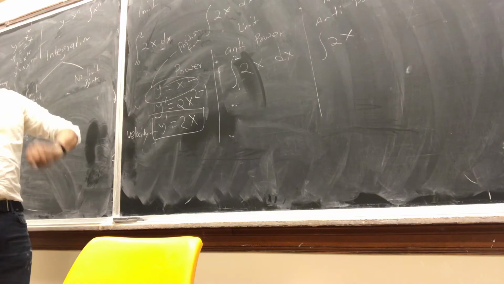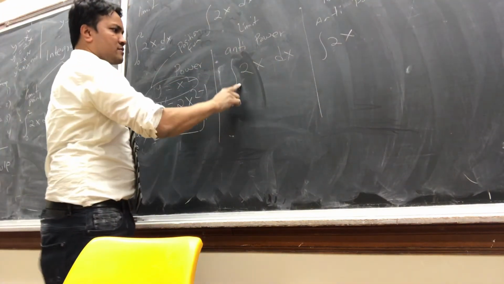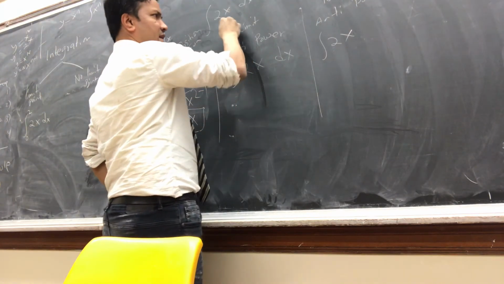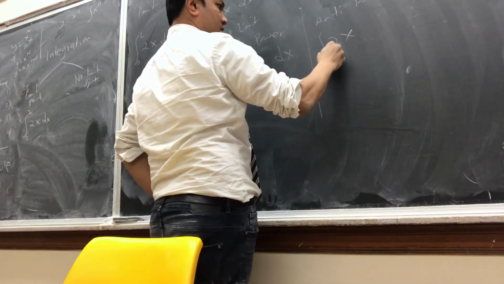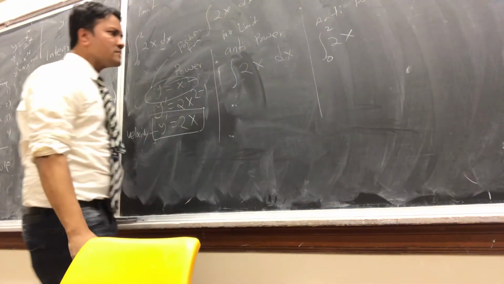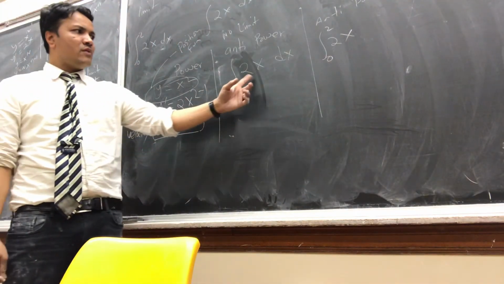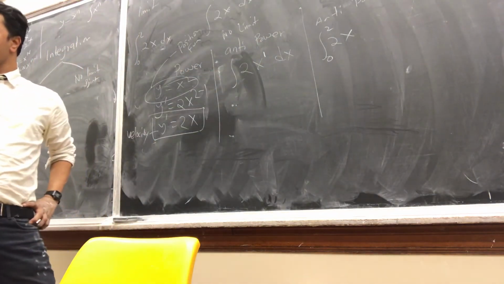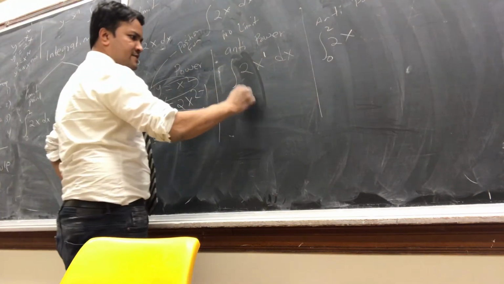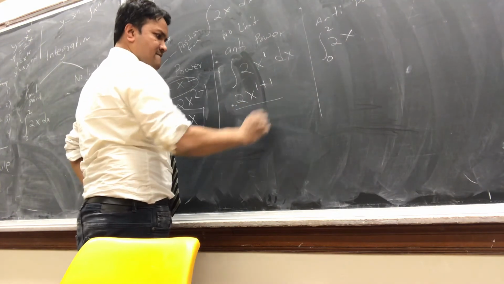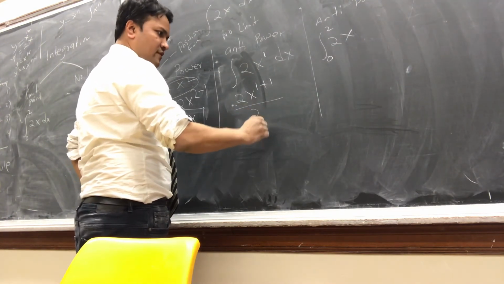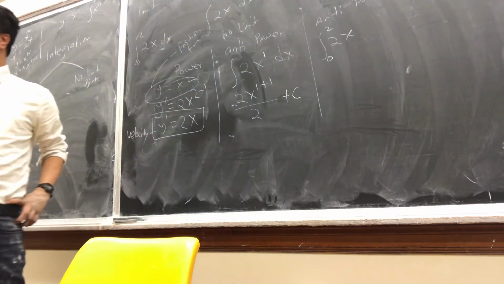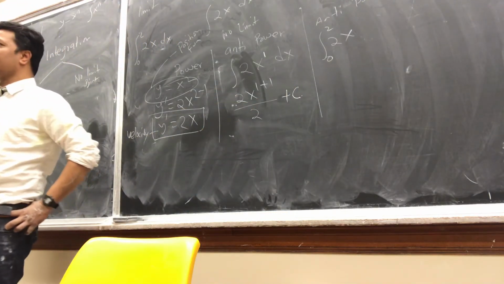Just do this one with no limit, and this one with limit 0 to 2. Okay, how can we do that? We write 1 over here, obviously. So 2x^(1+1) divided by 2, very good, plus c, because there is no limit point, that's why you have to write c.